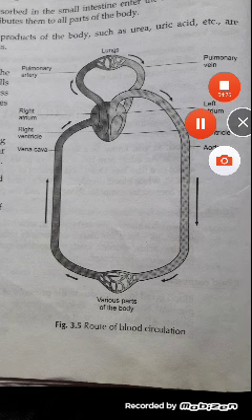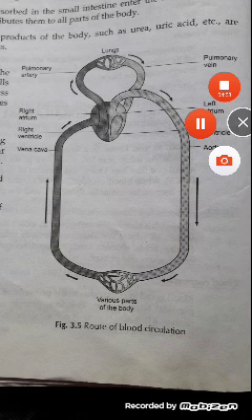Now comes the blood vessels. This we have discussed a little bit last day. Let us have a little revision of these blood vessels. There are three kinds of blood vessels, namely arteries, veins and capillaries, which are involved in blood circulation.